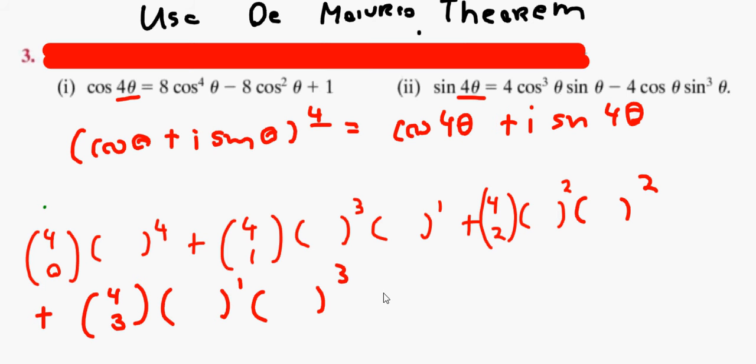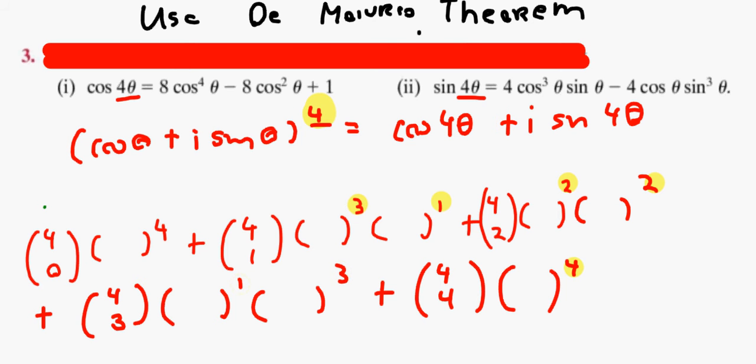And finally the last part, 4c4, second one to the power of 4. The key thing to realise is that because this is a power of 4, everybody see it's power of 4? It means that the powers always have to add up to 4. No matter what, they have to add up to 4. Is that okay?